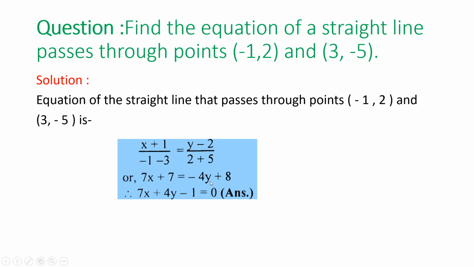If we change the side and calculate, we get 7x + 4y - 1 = 0, because 7x remains unchanged, -4y changes side to +4y, and 7 - 8 means -1. So boys, our required solution is 7x + 4y - 1 = 0.